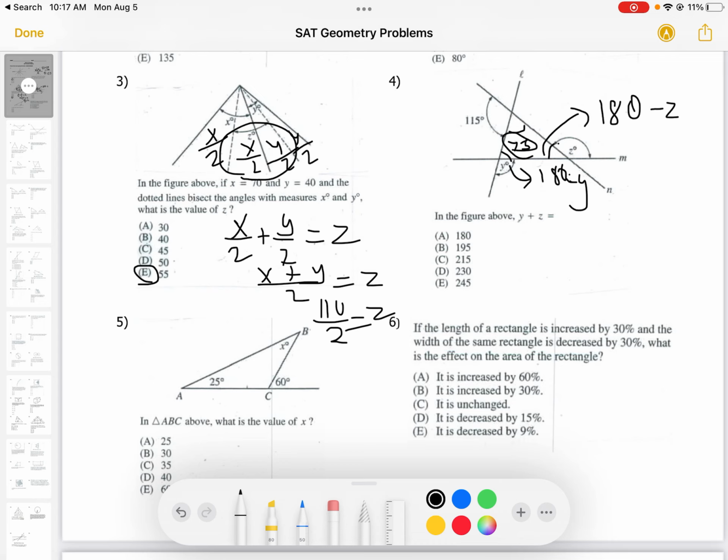Now what do we know about this angle, that angle, and this angle? Well, they're all angles of a triangle. So what does that mean? They should sum to 180 degrees. So if we add these three together, we get 360 plus 75 minus y minus z is equal to 180. Now what's 360 plus 75?